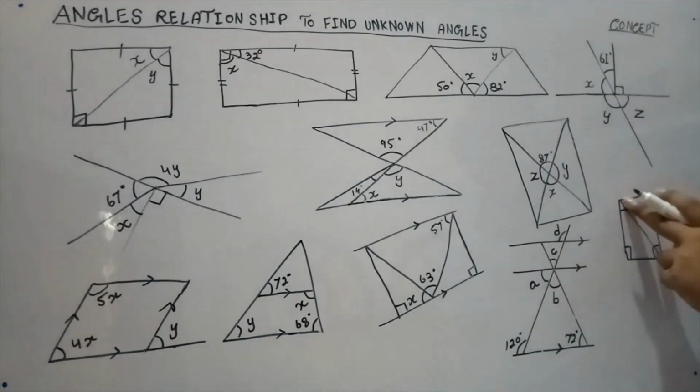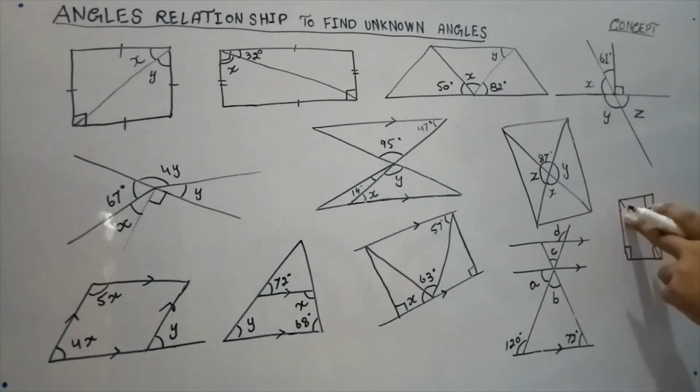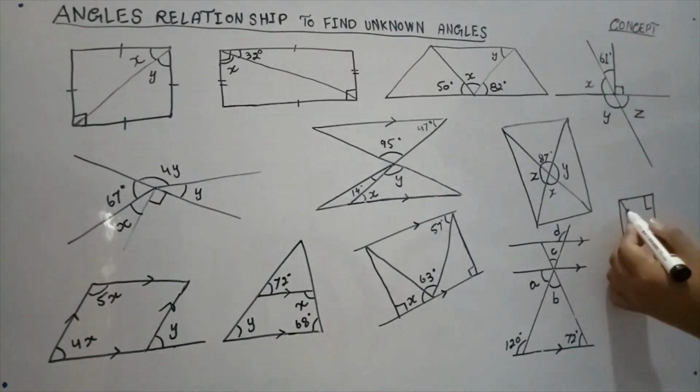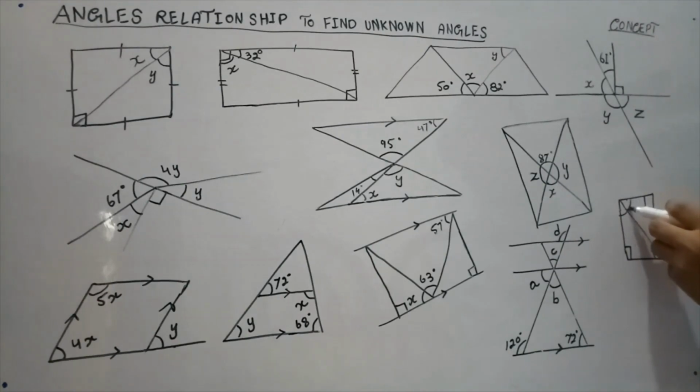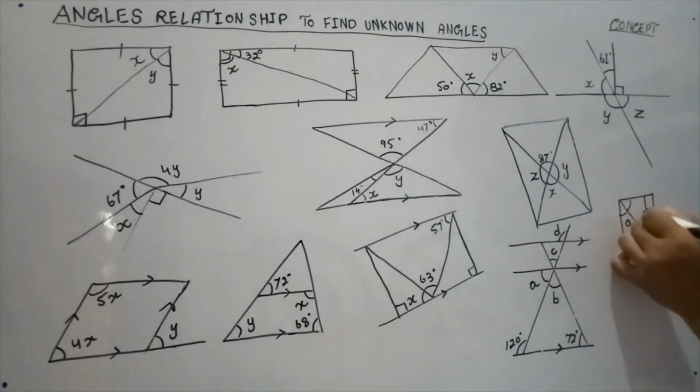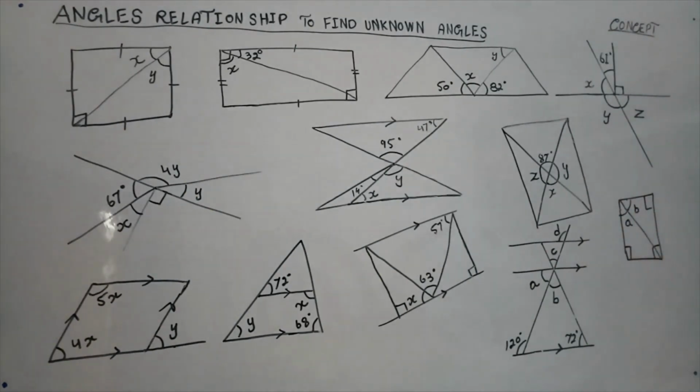If I divide this right angle, it means that the sum of this angle will be equal to the sum of that angle. Here in this case, this angle A will not be equal to this angle B, because only in a square will the diagonal bisect, or cut the angle into two equal parts.